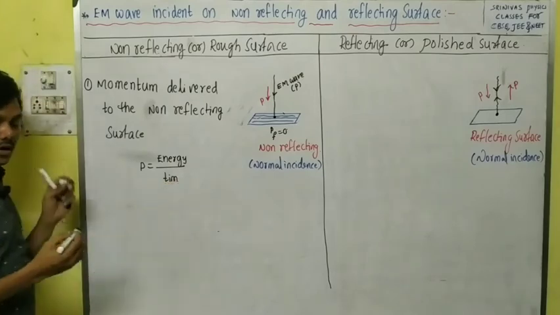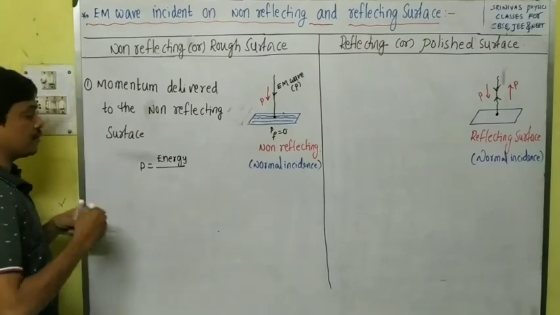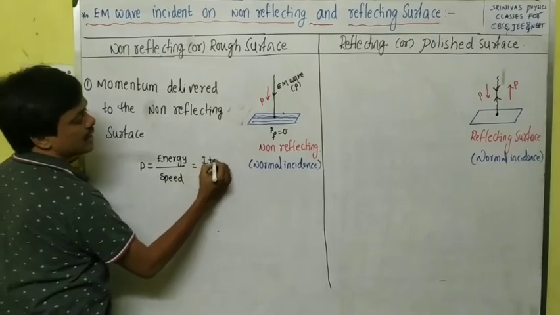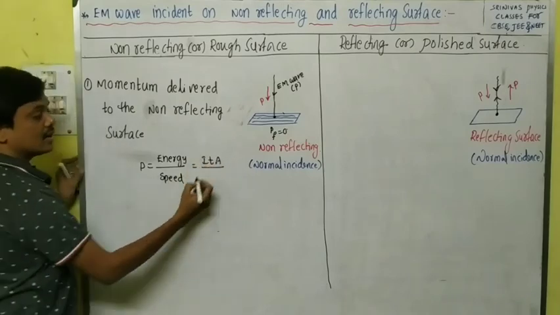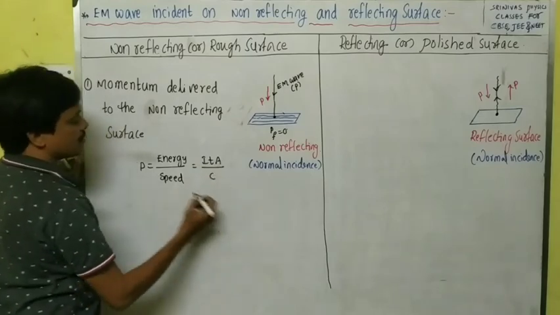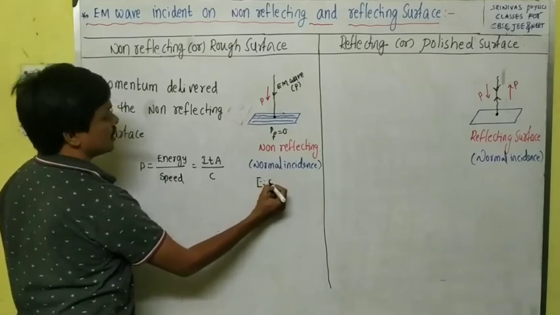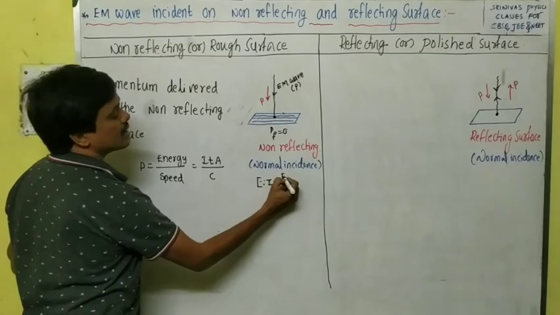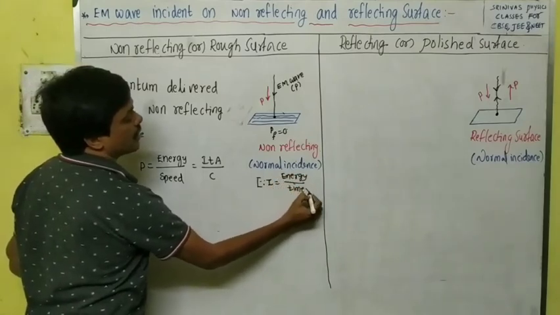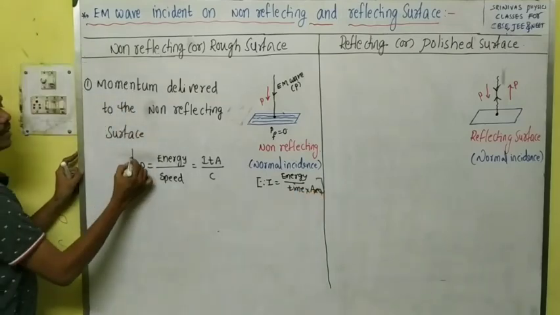Momentum formula we know already: energy by speed of EM wave. Then the energy formula we know, previously we discussed: energy equals intensity into time into area, divided by speed C. Because we know the formula, intensity is equal to energy by time into area. This is the momentum delivered formula.